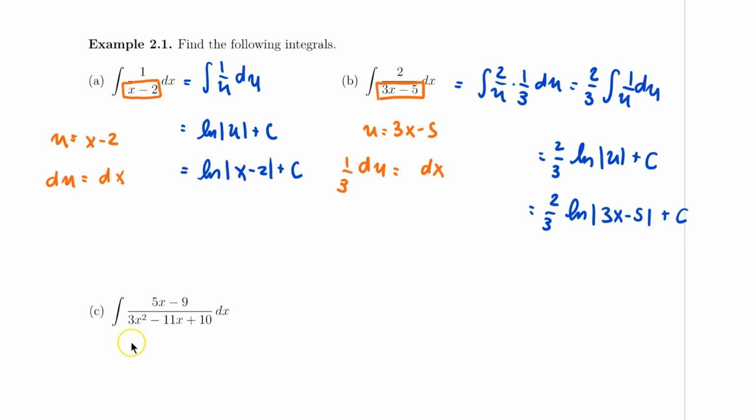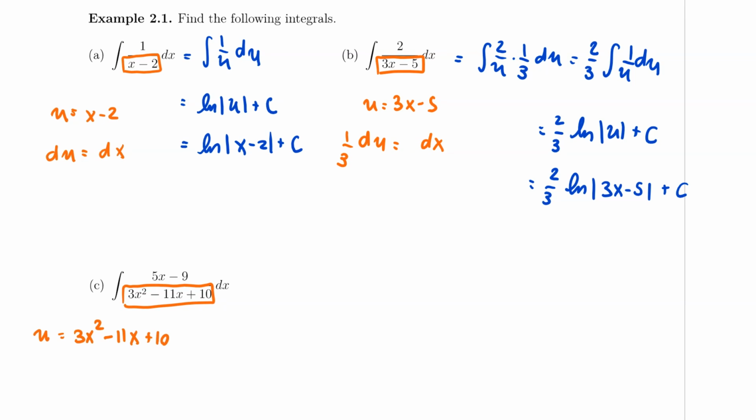Now for part C, this is a little trickier because if I try to use the u substitution, if I let my u equal the denominator here, 3x squared minus 11x plus 10, then my du would be 6x minus 11 dx. And I don't see 6x minus 11 anywhere.